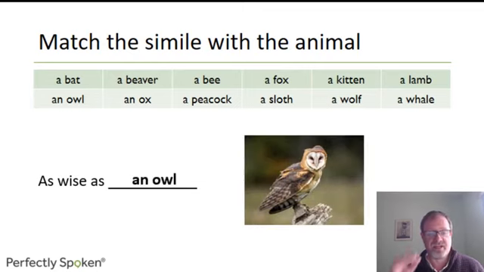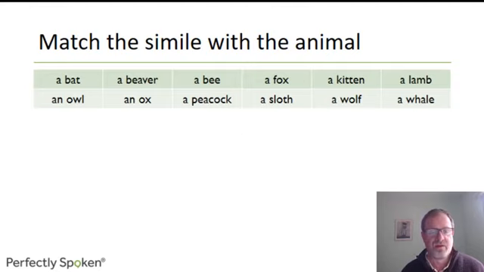It's wise as an owl. I think the origin of this is because in Greek mythology, the goddess Athena, who was the goddess of wisdom, had a companion who was an owl. So I think that's where the association comes from originally. It's wise as an owl. Okay, next one, as blind as.